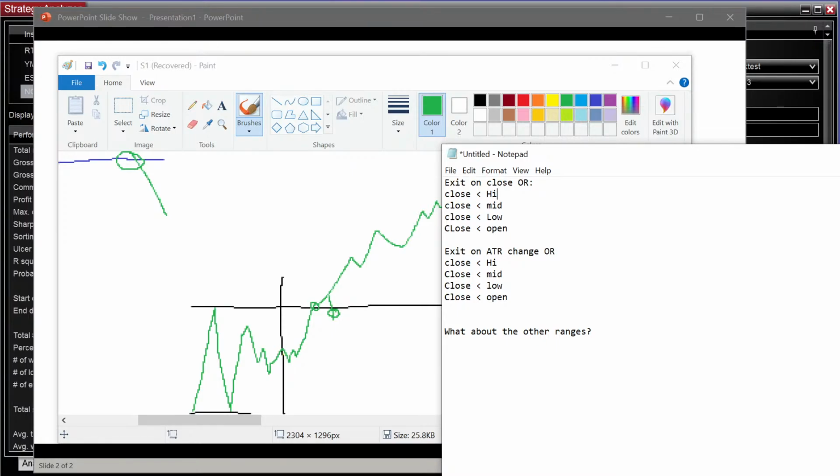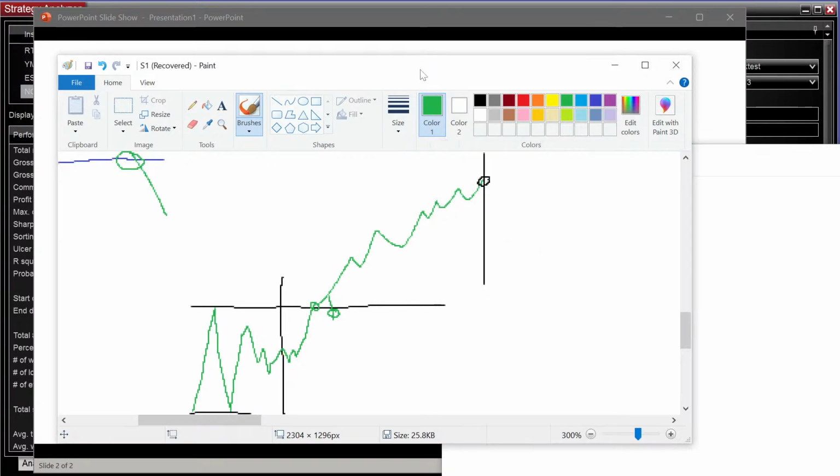We're testing to see what happens more often. And then once we find out what happens the most often, then we can build rules around that. So this variation did terrible. And why is that? Simple. Since this variation did terrible, we know that most of the time when price breaks above the high, it closes back beneath and stops us out.